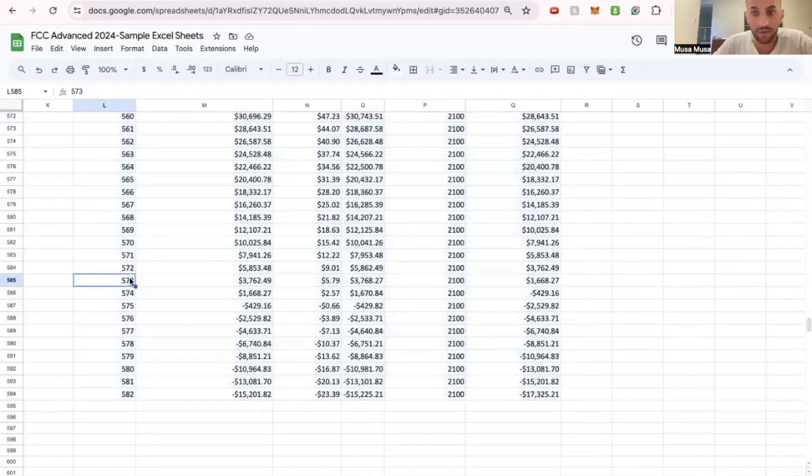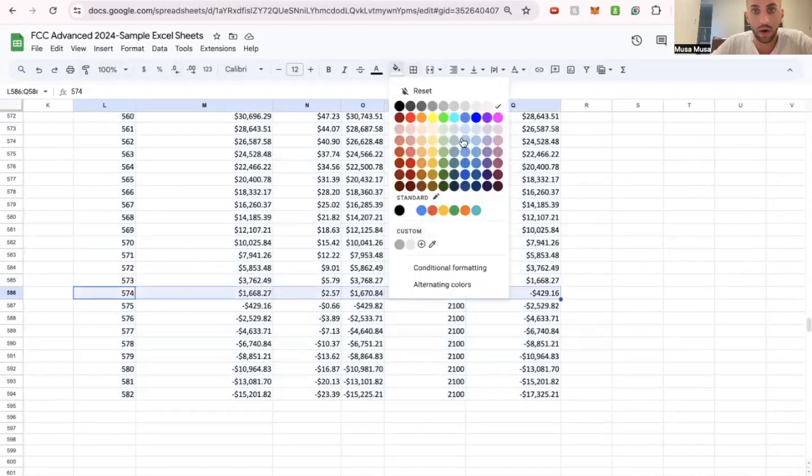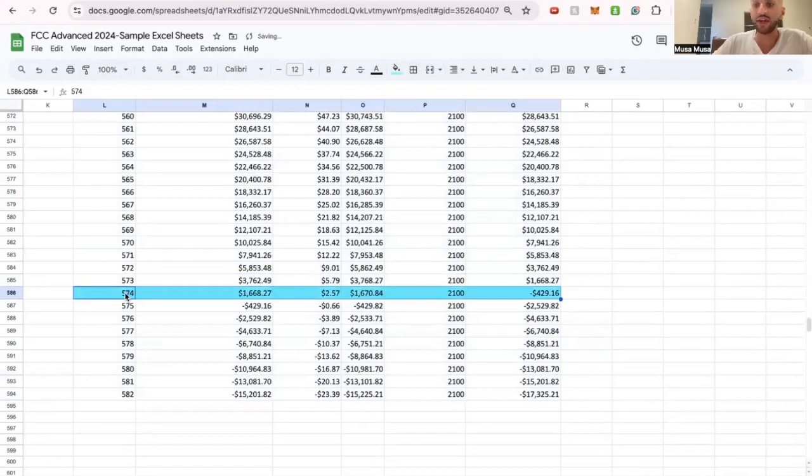Okay, here we are. 574. So it's going to take 574 fortnights for us to pay off the loan.